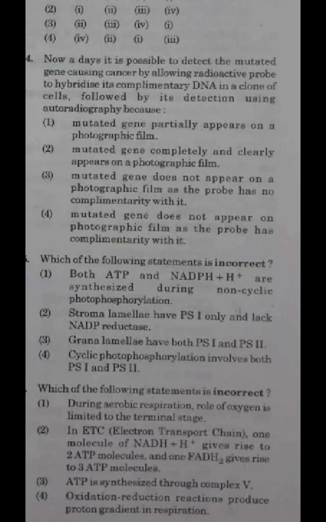Why does this happen? The options say the mutated gene partially appears on the photographic film, or completely and clearly appears, or the mutated gene does not appear on the photographic film as the probe has no complementarity with it. So the answer for this question will be option 3, because the mutated gene does not appear on the photographic film as the probe has no complementarity with it.